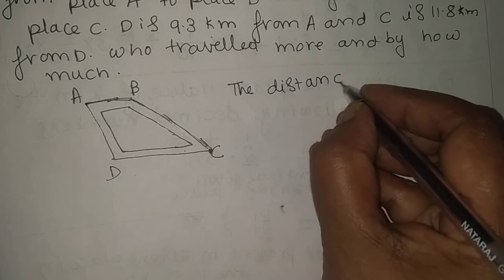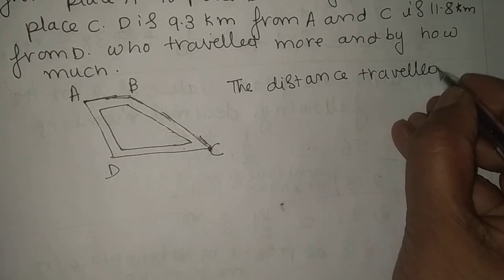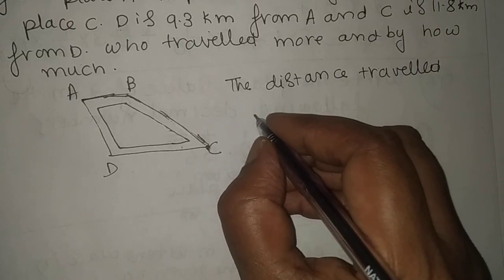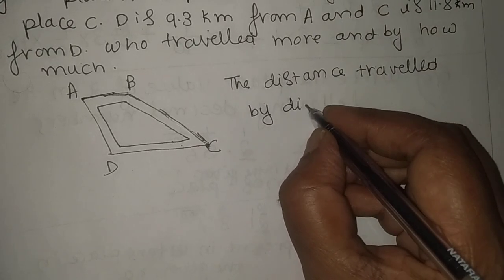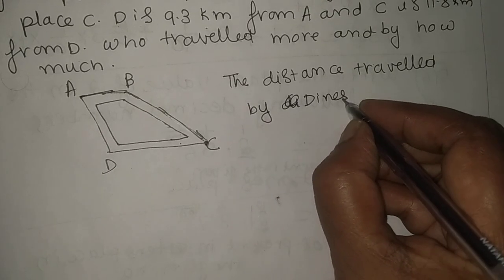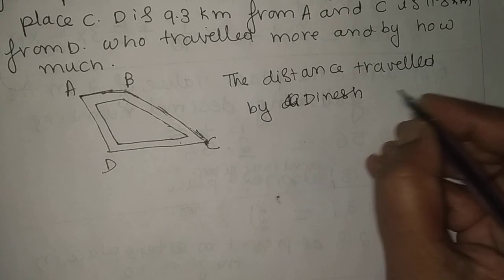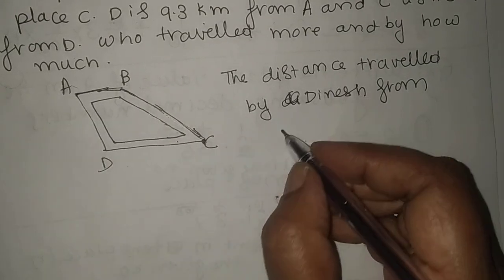Distance traveled by Dinesh, what are the data given? From A to B, they are given.